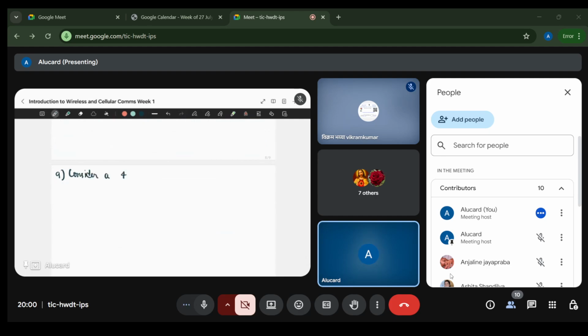Question 9 is similar to an example shown in the lecture. We have a 4G cell phone with a front end receiver bandwidth of 20 megahertz operating at 27 degrees Celsius.